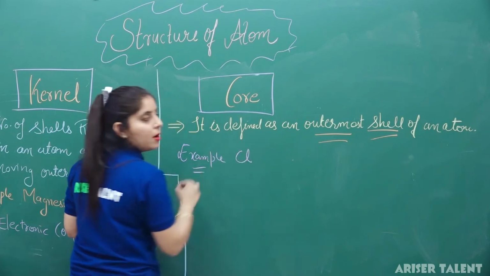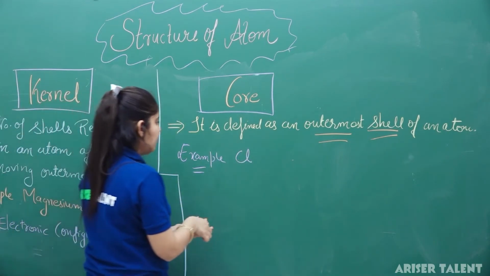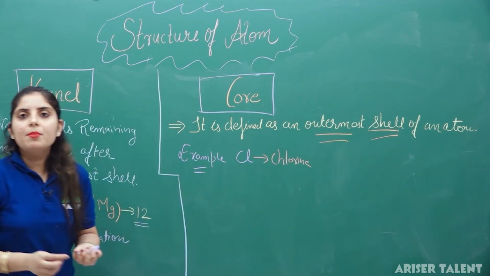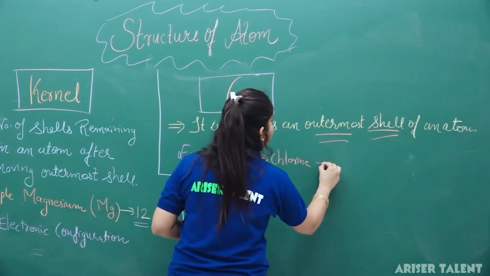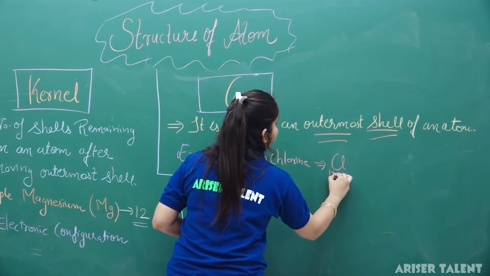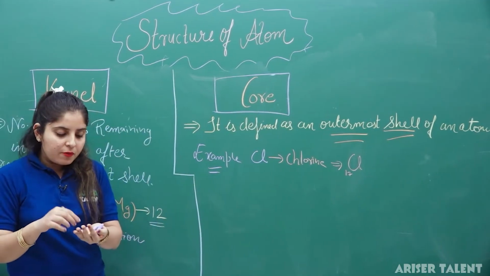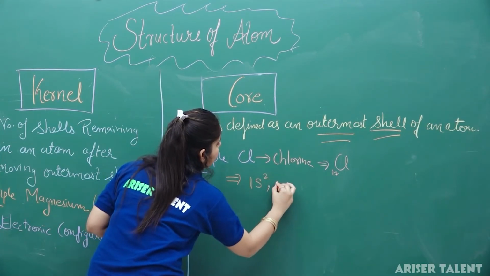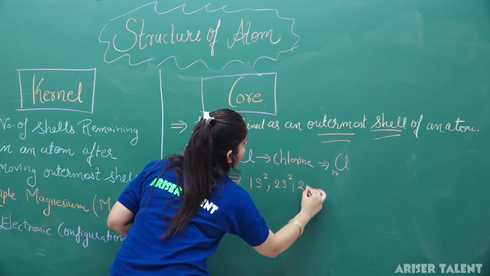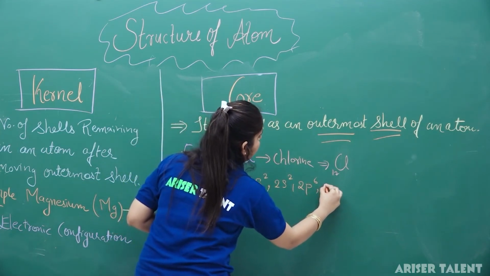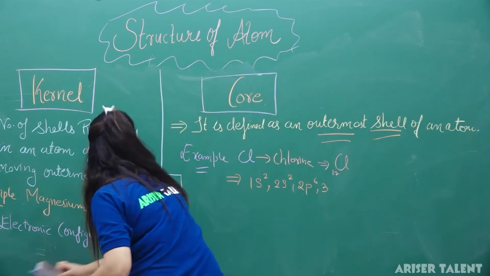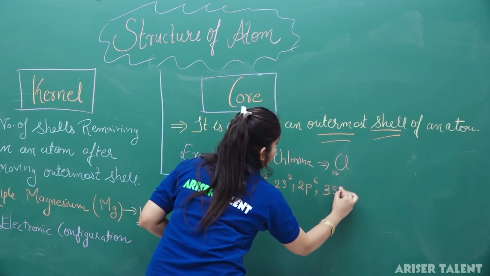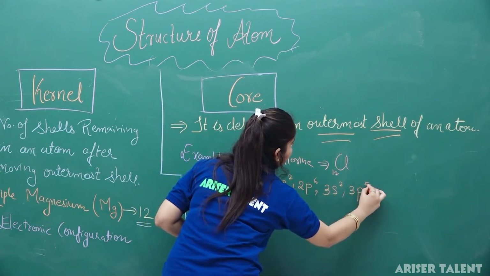If I take an example of chlorine, Cl here is chlorine. We know that the atomic number of chlorine is 17. If I want to write the electronic configuration for this, it will be 1s2, 2s2, 2p6, 3s2 and 3p5.